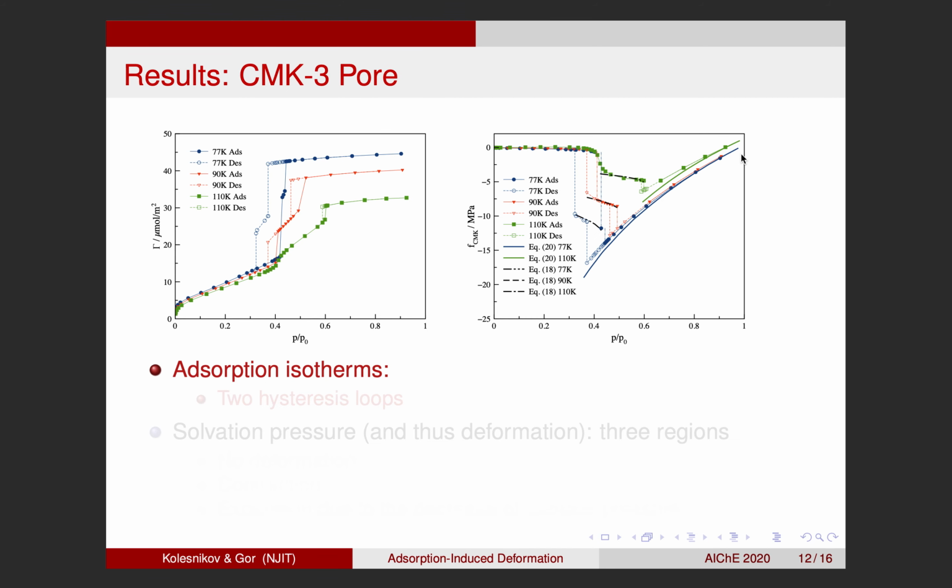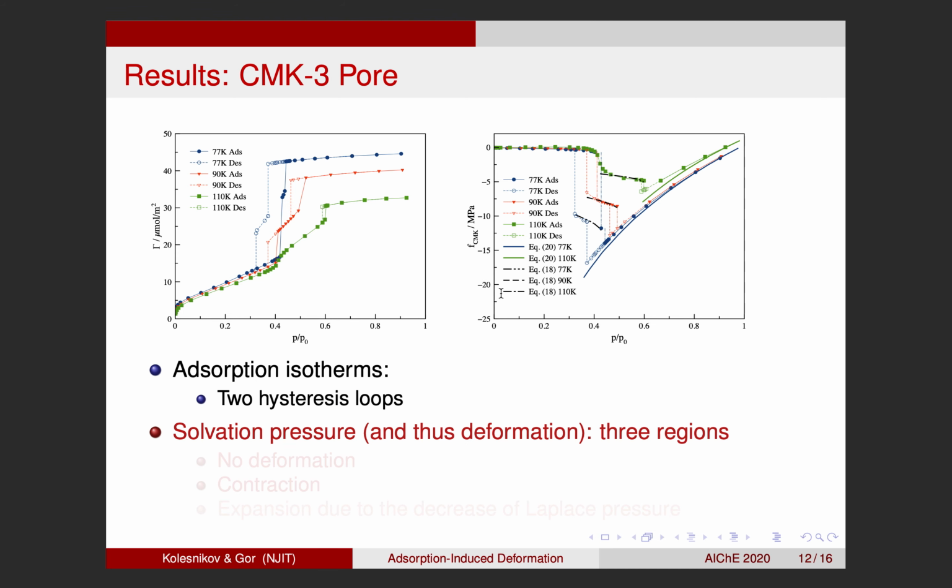So here are the results for our CMK3 pore. The isotherms look qualitatively different, and so do the solvation pressure curves. First of all, on the isotherms, we have two hysteresis loops, right? One here and one here. And on the solvation pressure, we also have three regions.